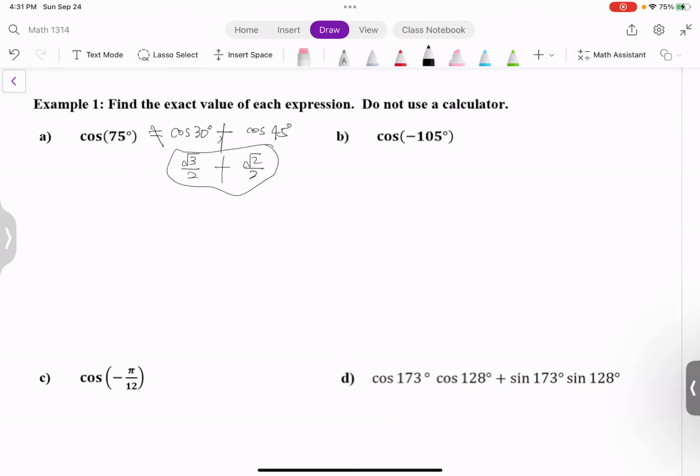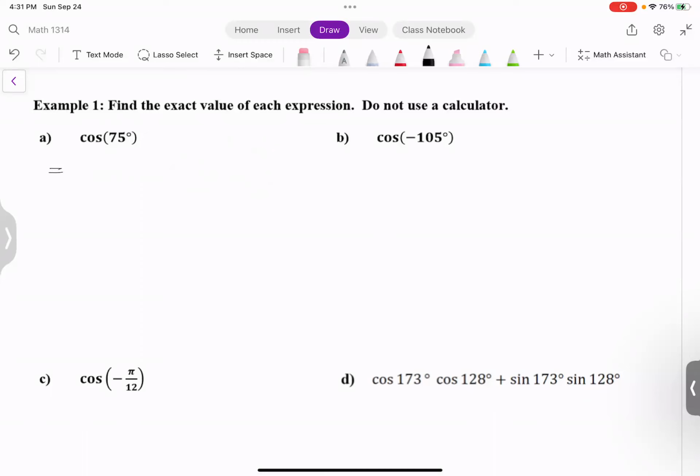The sum of these two is square root of 3 plus square root of 2 over 2, which is greater than 1. But cosine is never greater than 1. That means they are not equal. So remember, they are not equal. I'm using the sum identity of cosine.